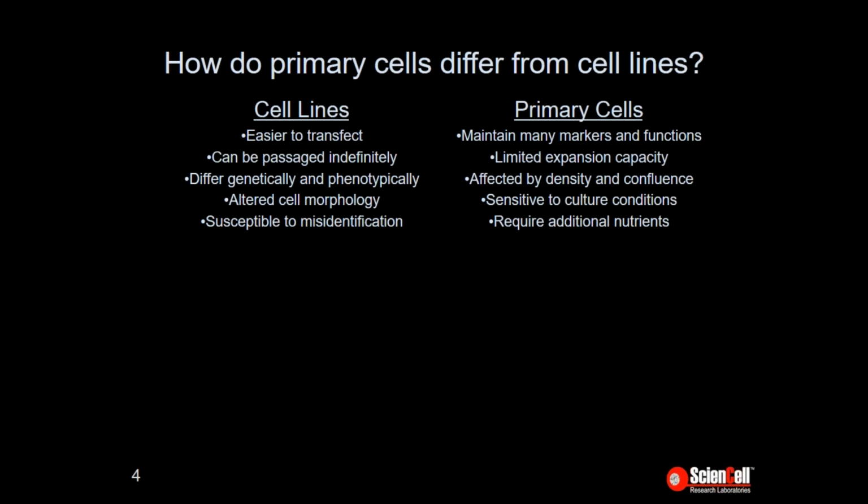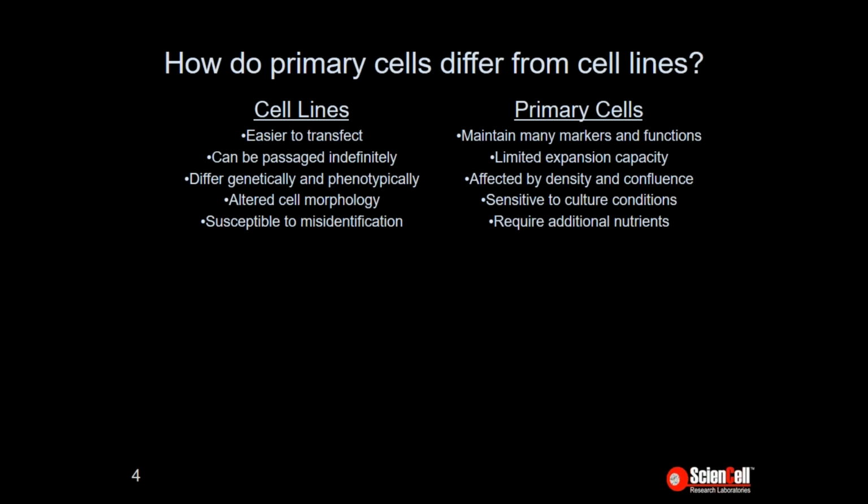Many cell lines have also been misidentified, are contaminated with other cell types, or are developed from a single source. Primary cells, which are isolated directly from tissue, show normal cell morphology and maintain many of the important markers and functions seen in vivo.